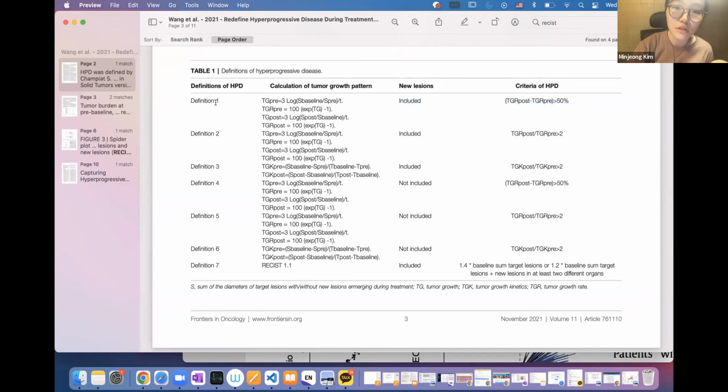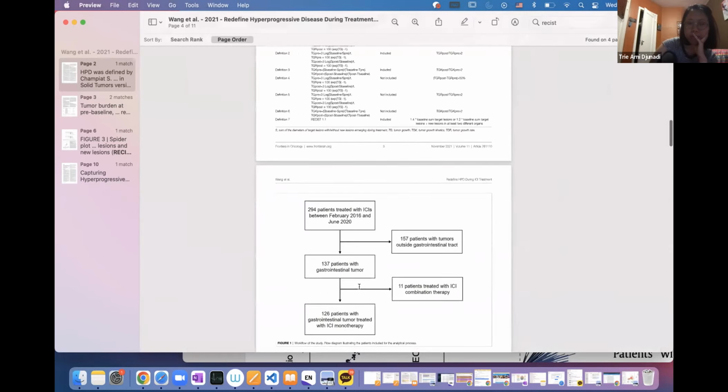Definition 4 is the exact same definition, but it excludes the new lesions in the total sum. Definition 2 is the Champiat definition with the new lesions included, and so on. So they did 7.